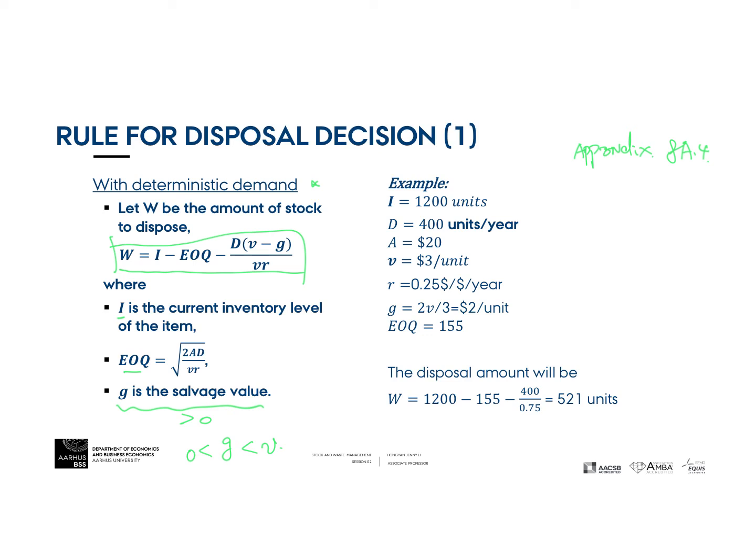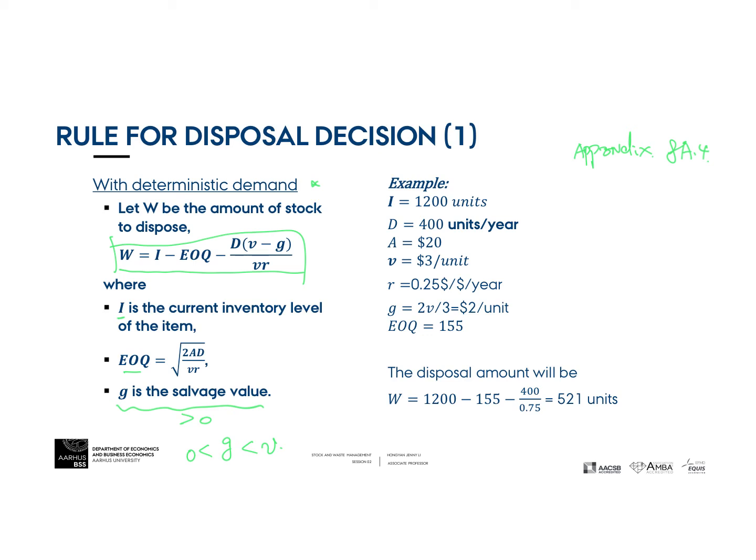This formula shows you use your current inventory I minus your order quantity, and then minus the demand, which is determined by the ratio between your loss of salvage.